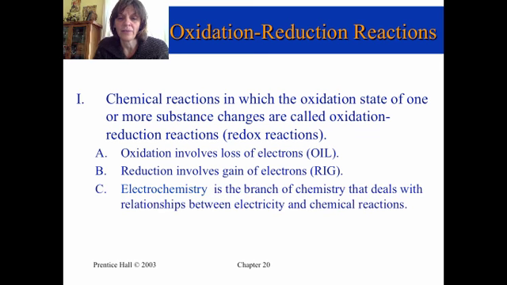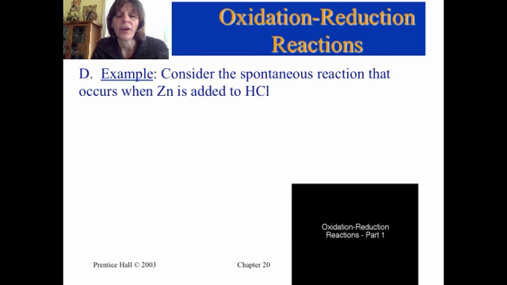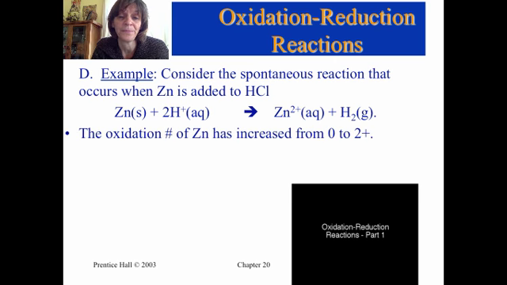Electrochemistry is a branch of chemistry that deals with the relationship between electricity and chemical reactions. For example, if you had zinc added to hydrochloric acid, you would spontaneously get zinc ions and hydrogen gas. That's a redox reaction.